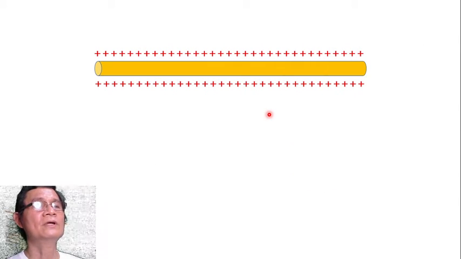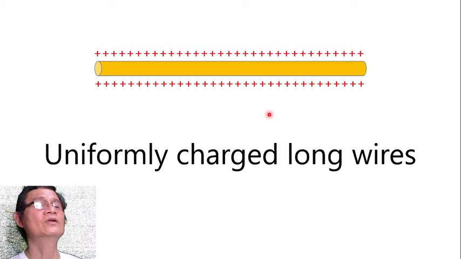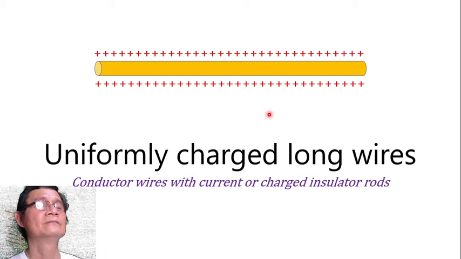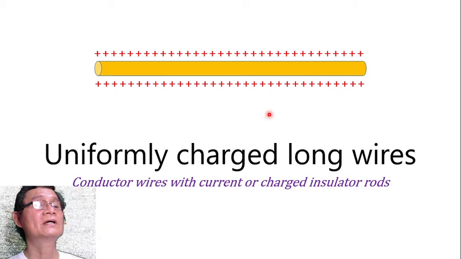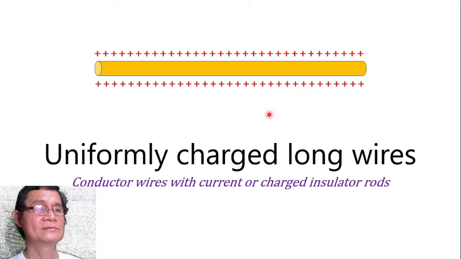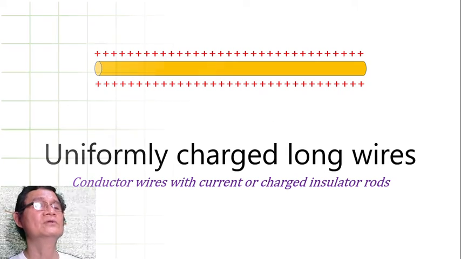Now, we start with a long wire, a uniformly charged long wire. And what qualifies as uniformly charged long wires? These are conducting wires with current or charged insulator rods. It has to be uniform, of course.